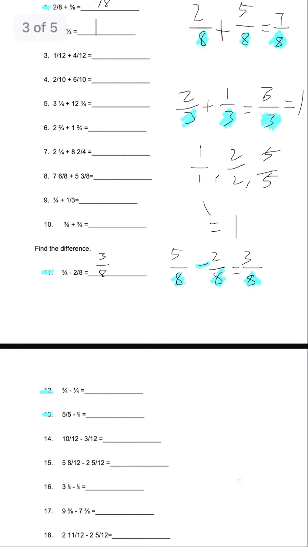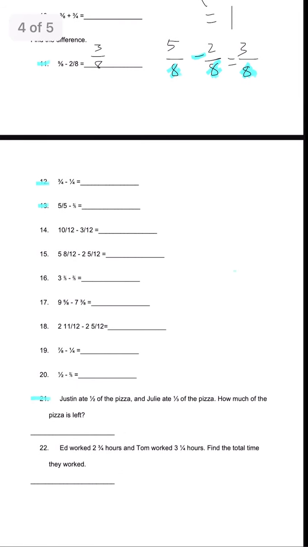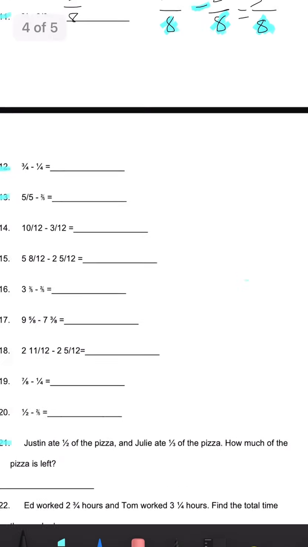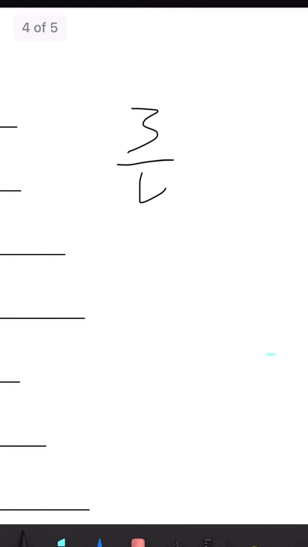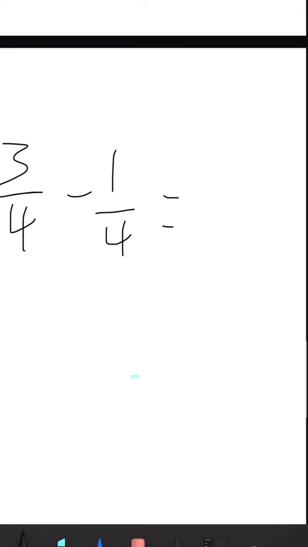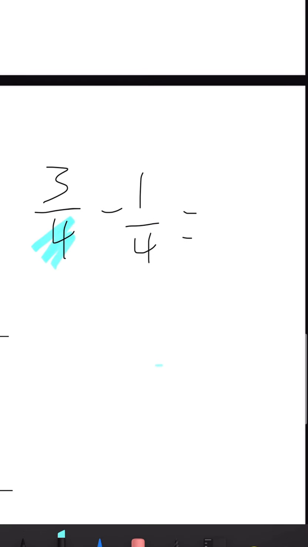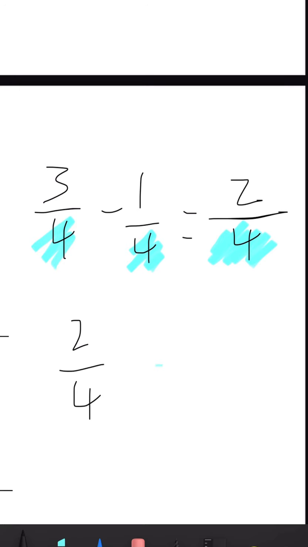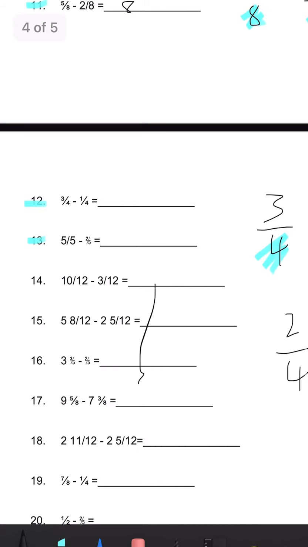Okay, let's move on to number 12. We have 3/4 minus 1/4. Okay, we have a common denominator of 4. We'll bring that over. 3 minus 1 is 2. 2/4 can be divided top and bottom by 2 to give you 1/2 as your final answer.